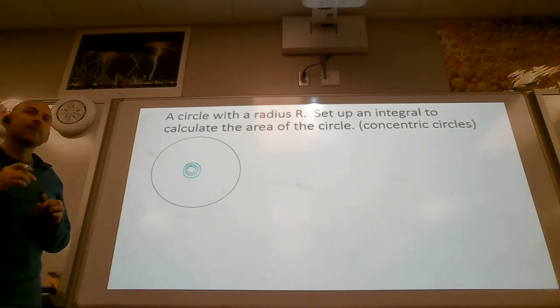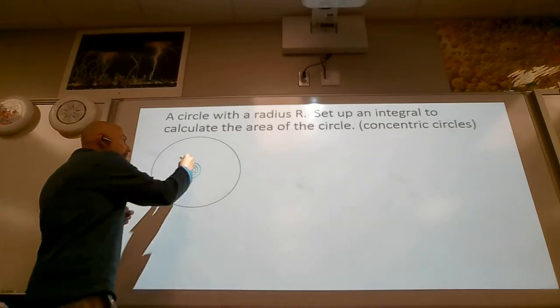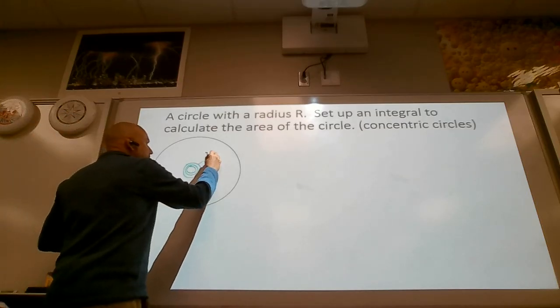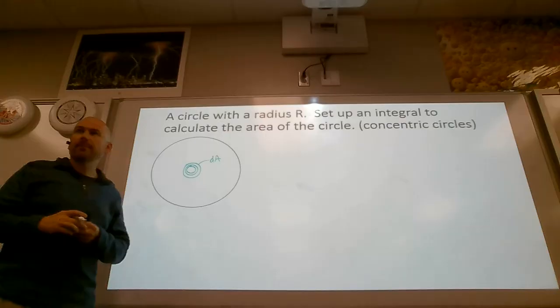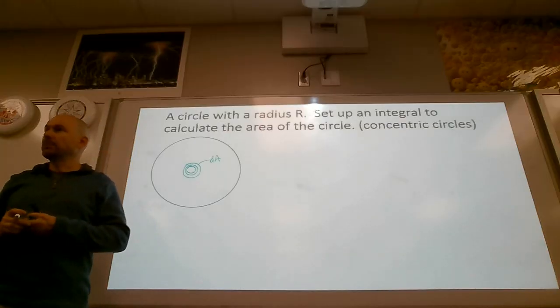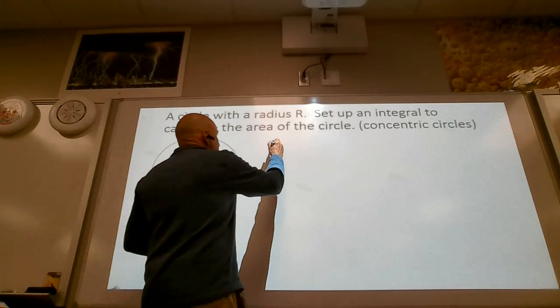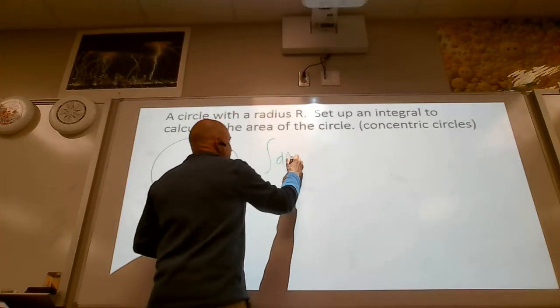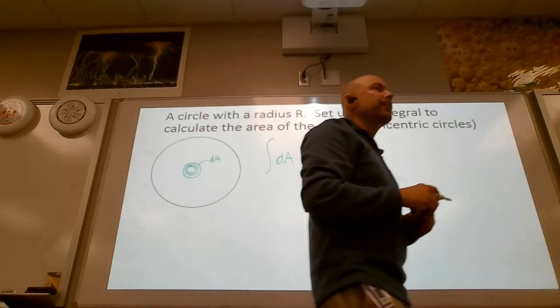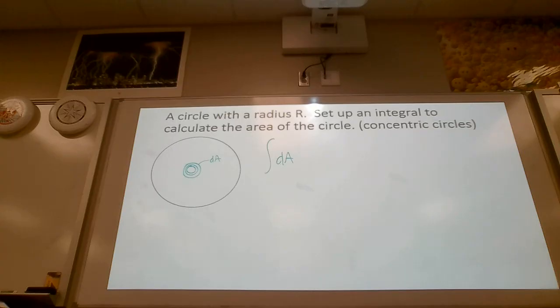Okay. So here's the deal. The area of this ring is dA. I'm going to add this up. See if you can figure out the limits of integration: where am I starting and where am I ending?